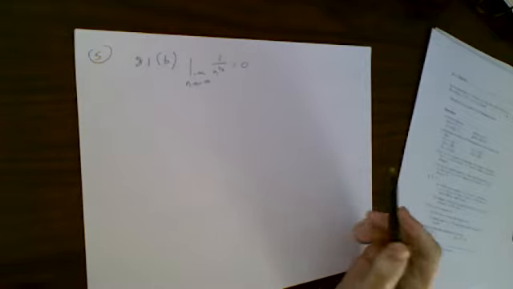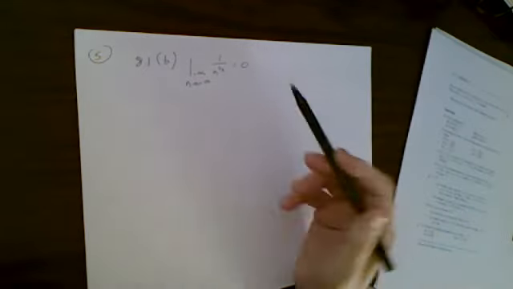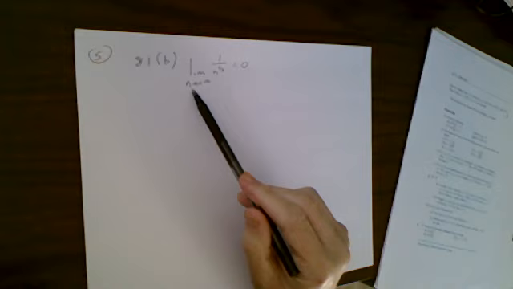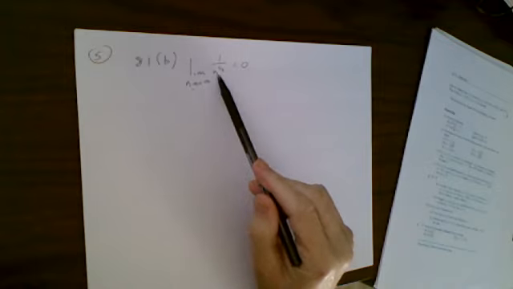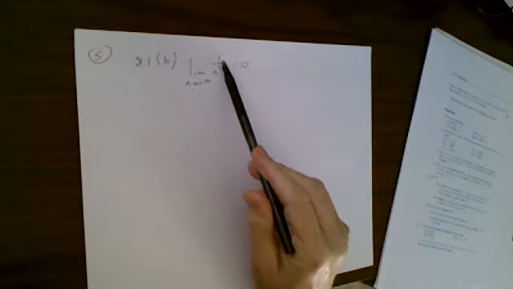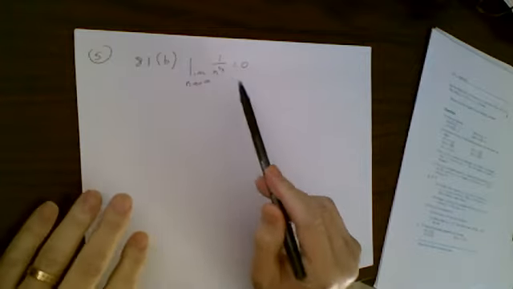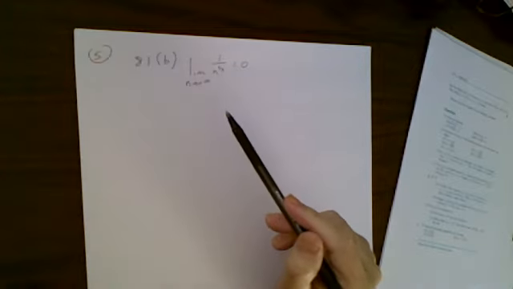Well, intuitively, and from our experiences, as n gets large without bound, n to the 1/3 gets large without bound. Since the numerator is 1 and the denominator increases without bound, the whole thing approaches 0.